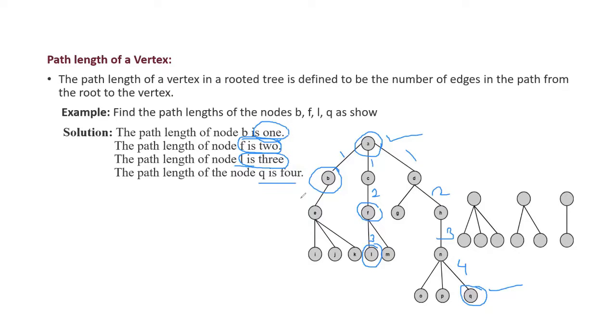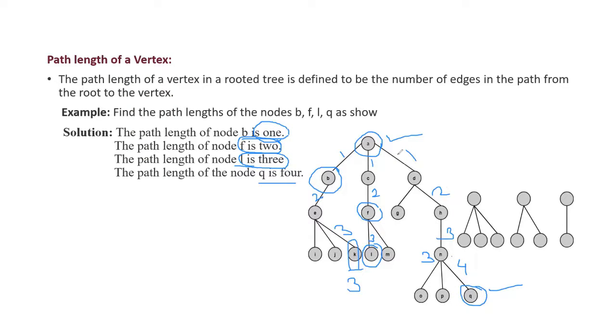Again, suppose you have to find the path length for this K, right? For this K, 1, 2, 3. So the path length for K is 3. Again, the same for N: 1, 2, 3. So the path length of N is 3.